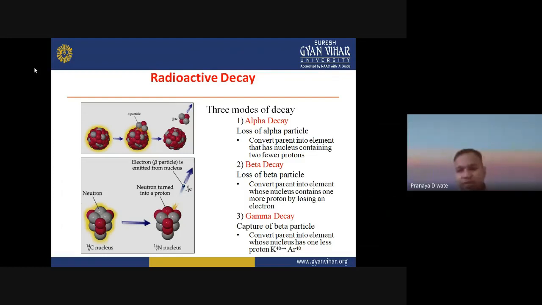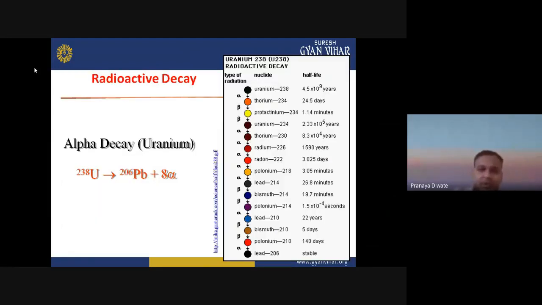Then gamma decay converts the parent into an element whose nucleus has one less proton. So these are the three different types of decay in radioactive decay.